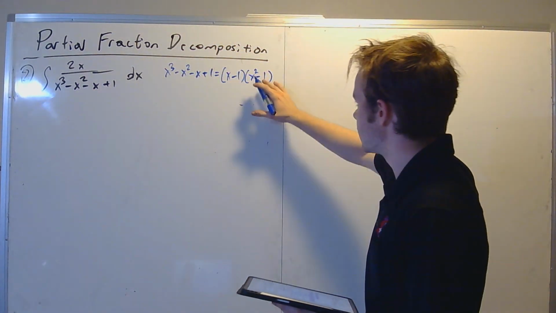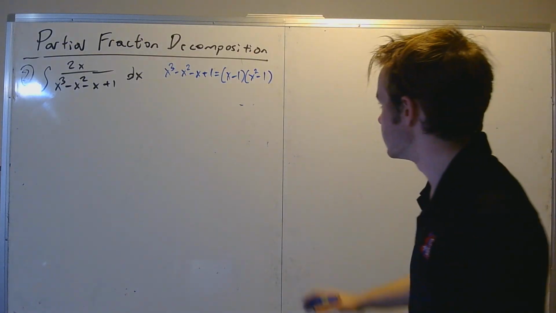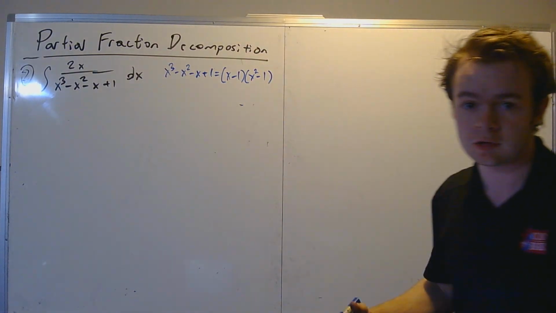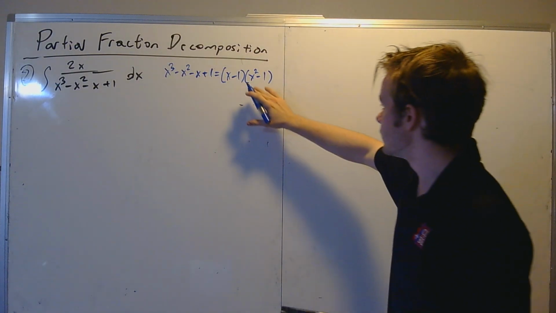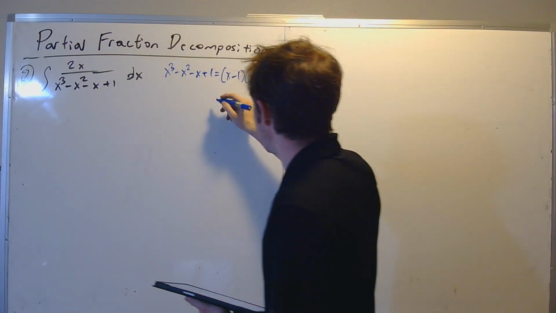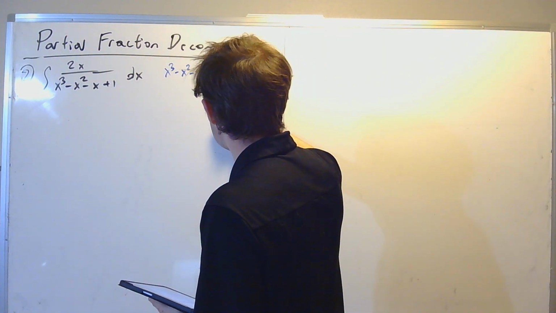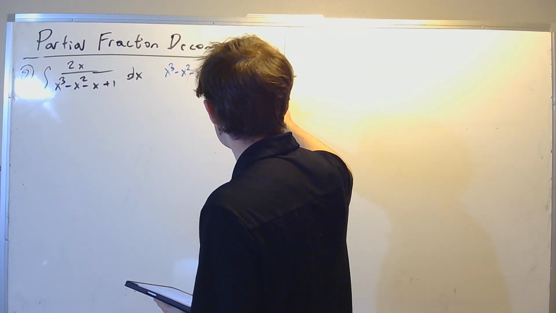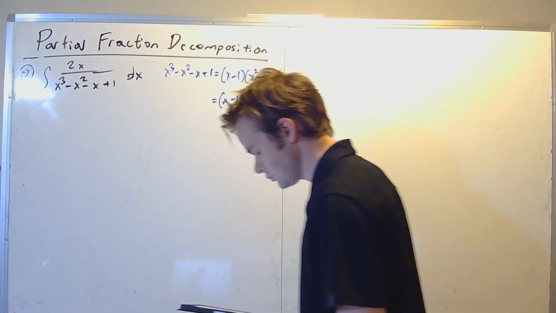And we can actually factor x squared minus 1, right? So that's a difference of squares, a squared minus b squared. So we can write this as x minus 1 squared times x plus 1. Okay.